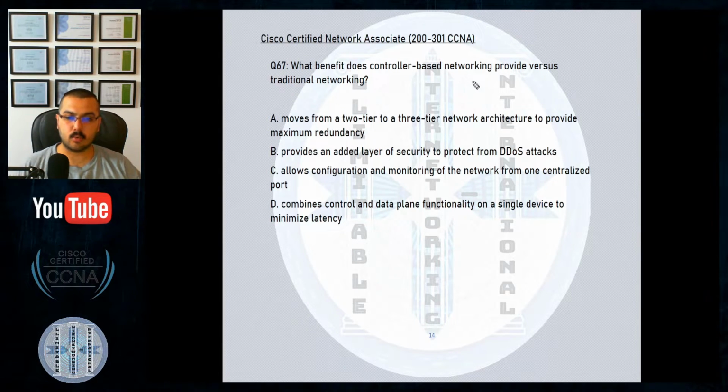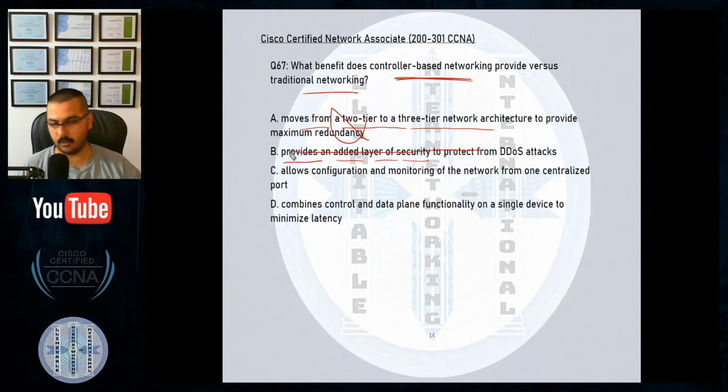What benefit does a controller based SDN provide versus a traditional network? A. It moves from a 2-tier to a 3-tier network. No, this is already there in the traditional networks. It provides an added layer of security. This does not affect security. I've talked a lot about that in chapter 7. Allows config and monitoring of the network from one centralized point.